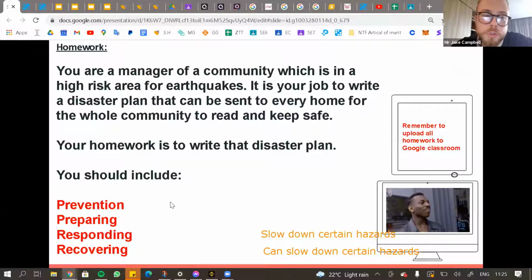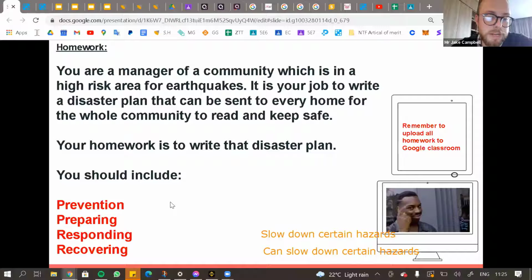It is your job to write a disaster plan that can be sent to every home for the whole community to read and keep safe. Your homework is to write that disaster plan. You should include ideas on prevention, ideas on preparing, ideas on responding, and ideas on recovering.